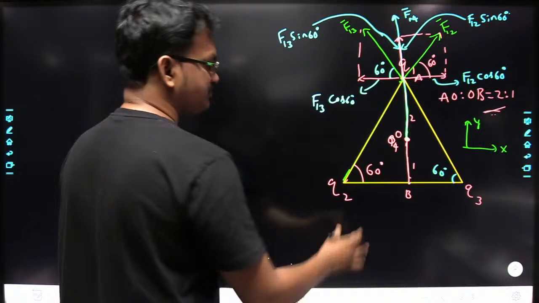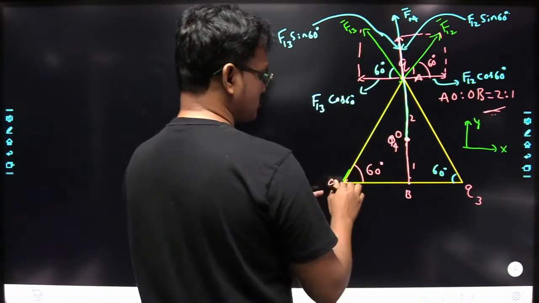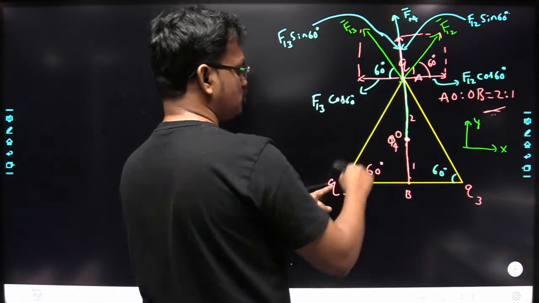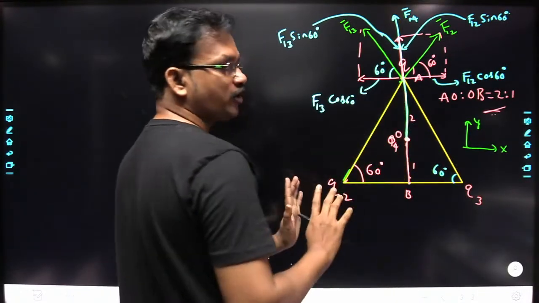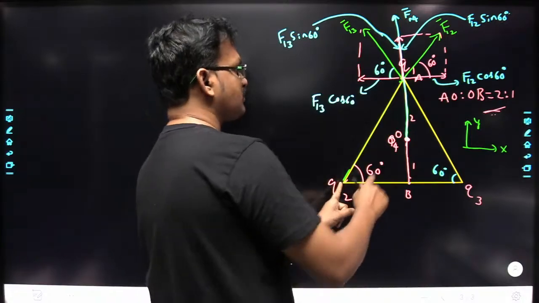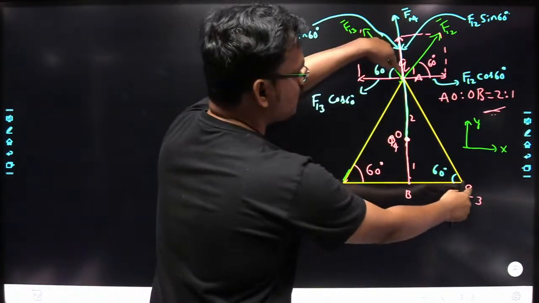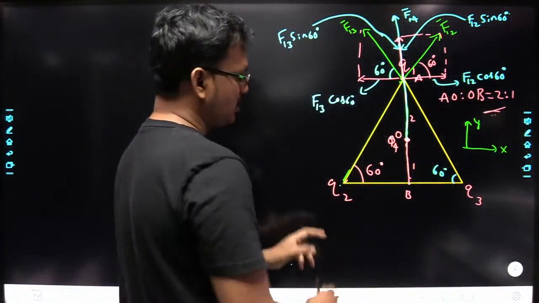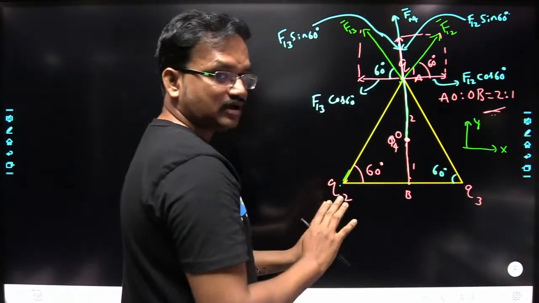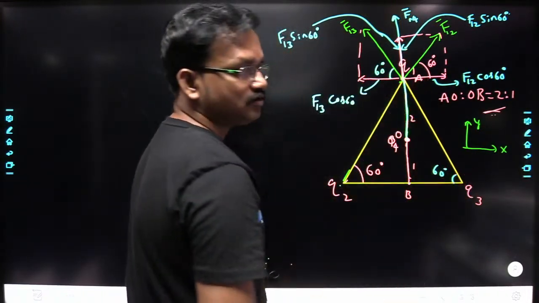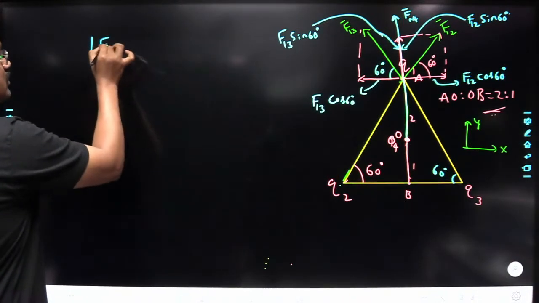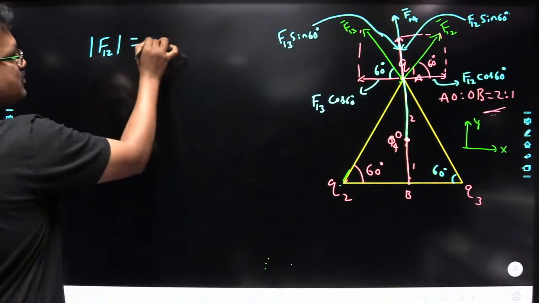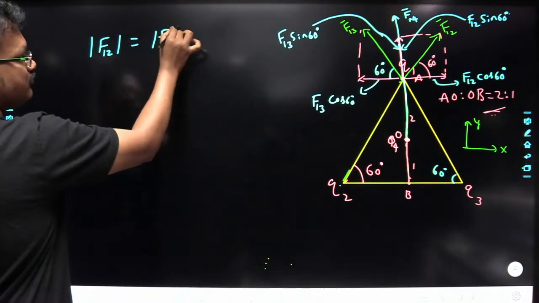Now, if you observe the magnitude of force on Q1 due to Q2 and the magnitude of force on Q1 due to Q3, both are going to be the same or not? Because the distance between Q2 and Q1 and the distance between Q1 and Q3 is the same, and the Q2 value and Q3 value are also the same. Hence you can observe that the magnitude of F12 must be the same as the magnitude of F13.